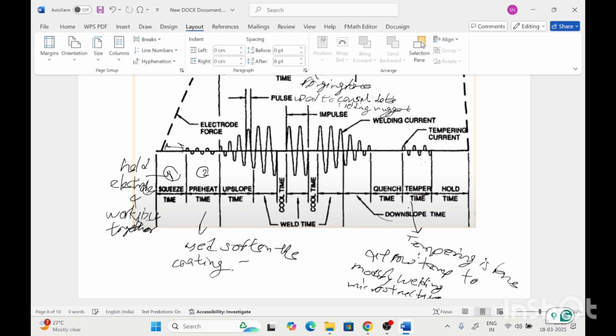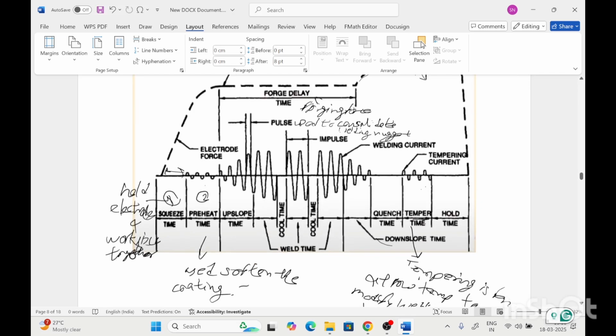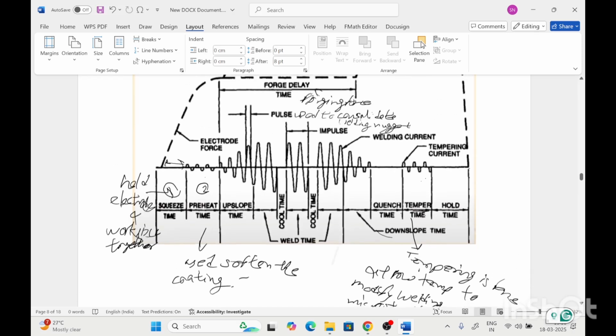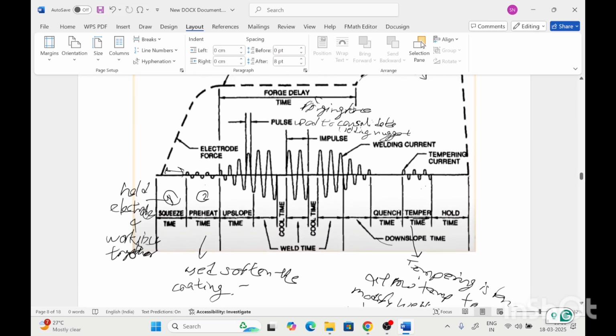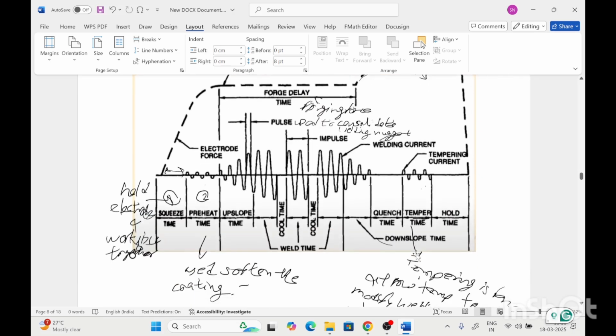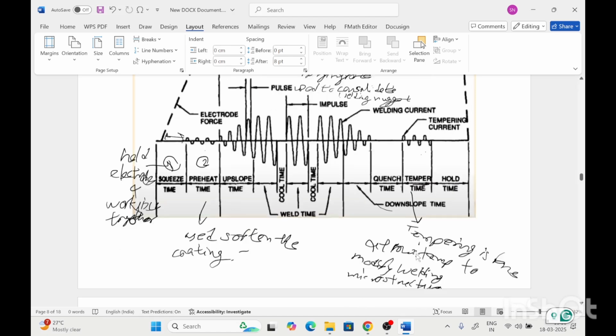Then further the welding joint is held for some time, during which the force is decreased to zero. So this is the whole enhanced weld cycle to form a uniform homogeneous welding joint.